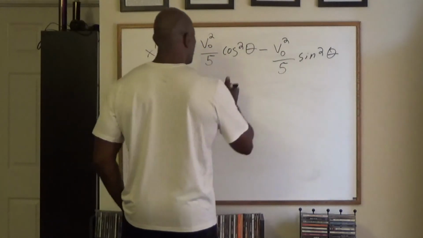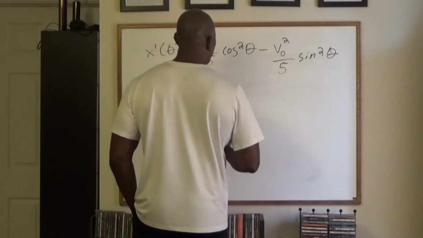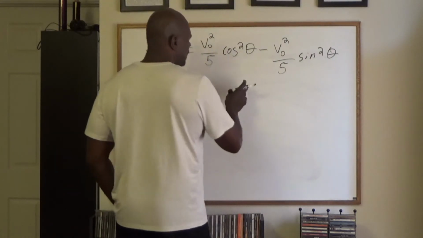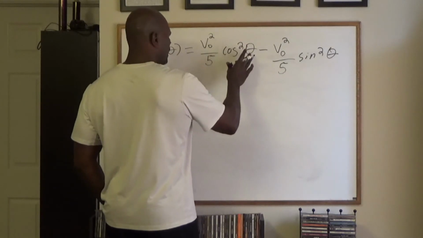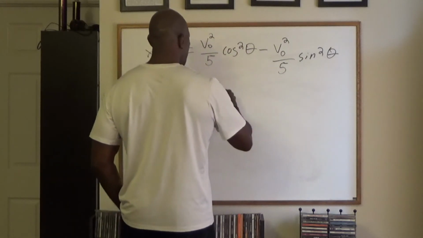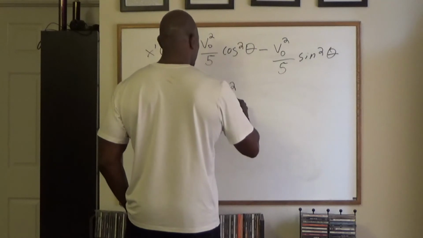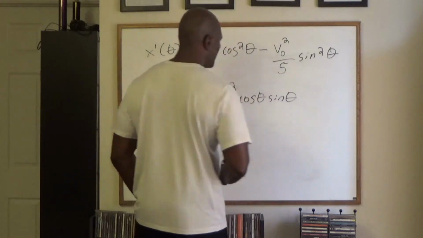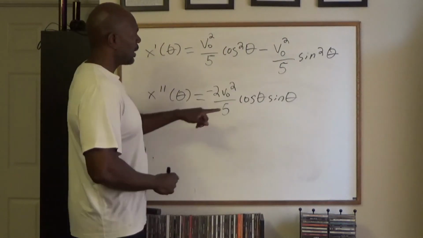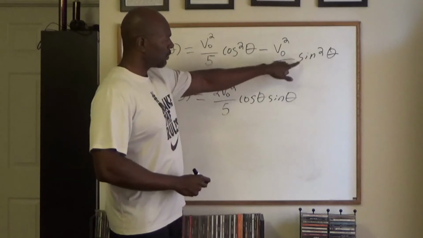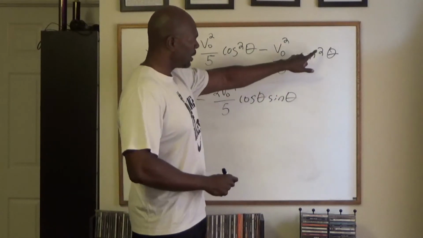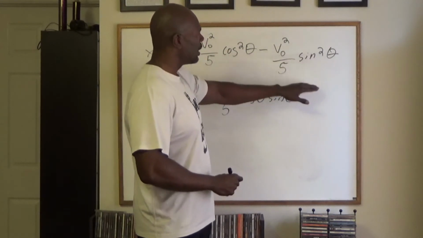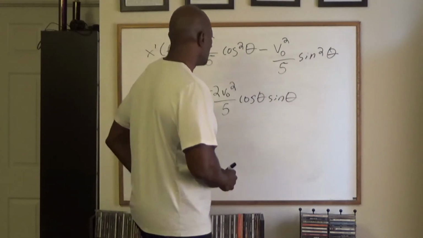So what's going to happen here is the derivative of cosine squared. I'll get a 2 cosine theta times the derivative of cosine, which is negative sine. So that will be negative 2 v naught squared over 5 cosine theta sine theta. And next, when I take the derivative of sine squared theta, I'll get a 2 sine theta times the derivative of sine, which is cosine. So that will be 2 sine theta cosine theta.